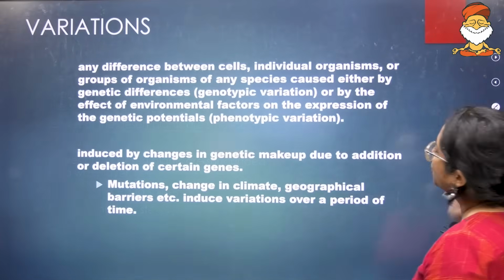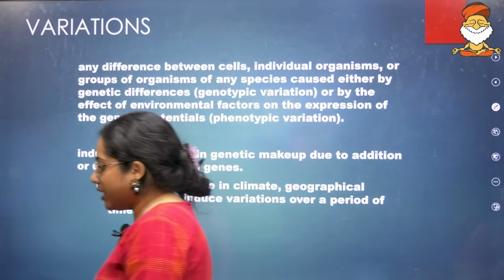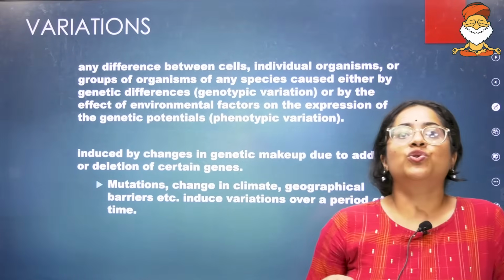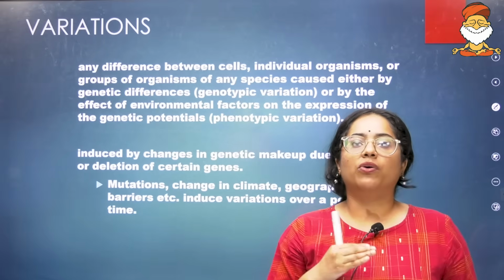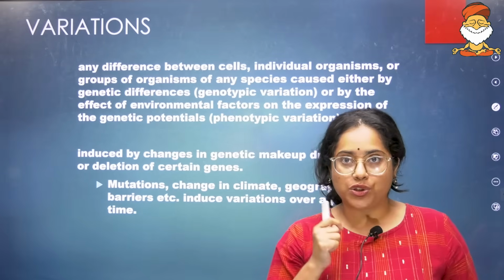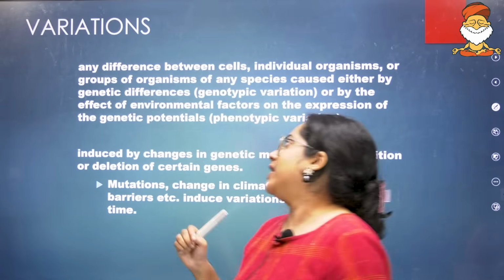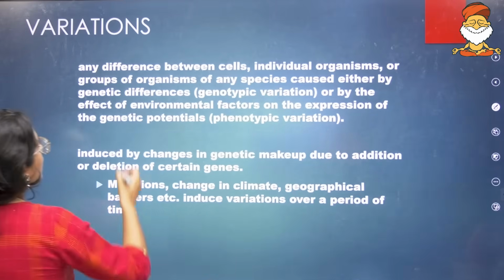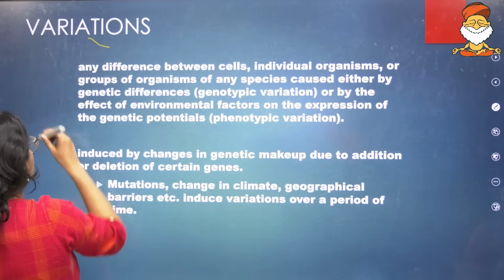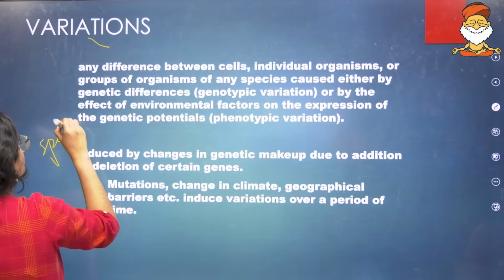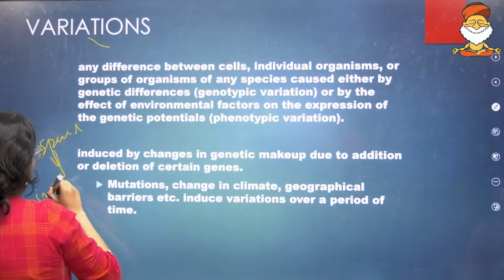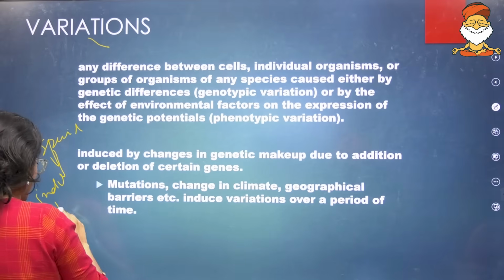Now, I have to introduce you to another term called variations. We discussed adaptations on an individual level. Now, what happens on a larger scale when you have several kinds of organisms, or in one species itself, you have different individual organisms trying to adapt?